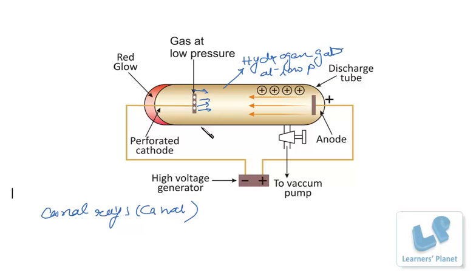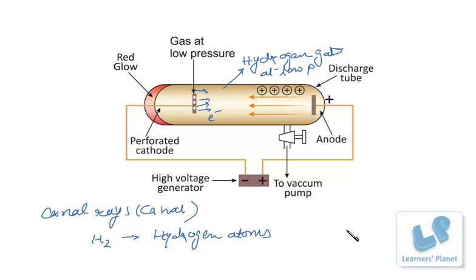Now what are these cathode rays composed of? They are composed of electrons. Now these electrons bombard the hydrogen atoms. So when the electric current is passed, the hydrogen molecule gets broken down to hydrogen atoms.